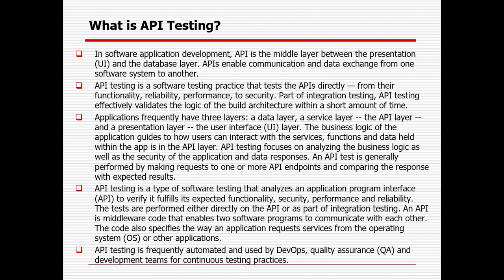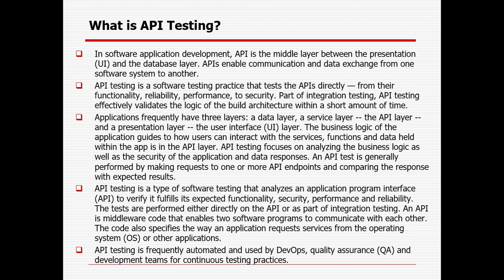API enables communication and data exchange from one software system to another. API testing is a software testing practice that tests the API directly, from its functionality, reliability, and performance to security. As part of integration testing, API testing effectively validates the logic of the build architecture within a short span of time. Applications frequently have three layers, right?